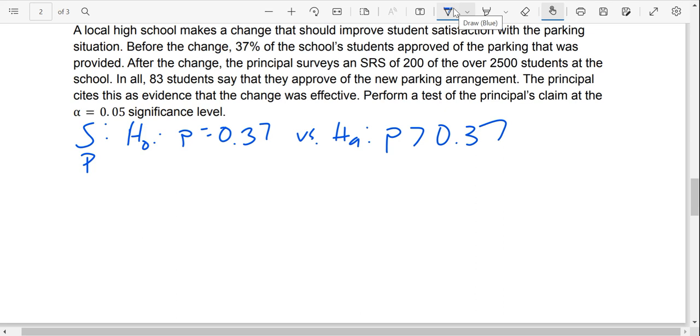P is the true proportion of all students who are satisfied with the parking situation after the change. Now it's time to plan. Plan: one sample z-test for P. That's all you have to do.